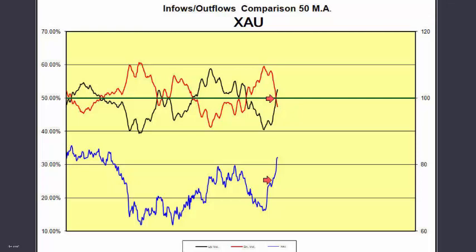Well, I agree with you 100%, and it'll be interesting to see how this plays out the rest of this year and beyond. And your money flow indicators are an interesting guide going forward.